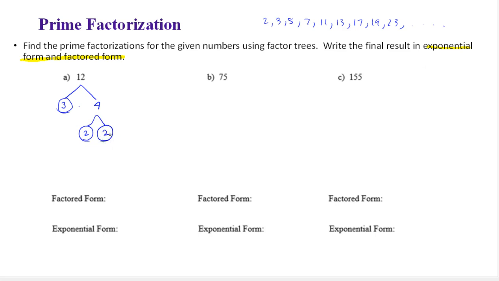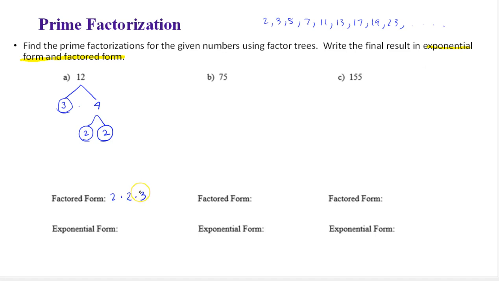So we're going to factor 4 further, and 2 is a prime number, so I'm going to circle both of these 2's. Now in factored form, it's 2 factors of 2 and a factor of 3, but you want to write the factors in increasing order. It helps us keep track of the factors, and it's also how you're going to need to enter them in Math AS. So we have 2 times 2 times 3.